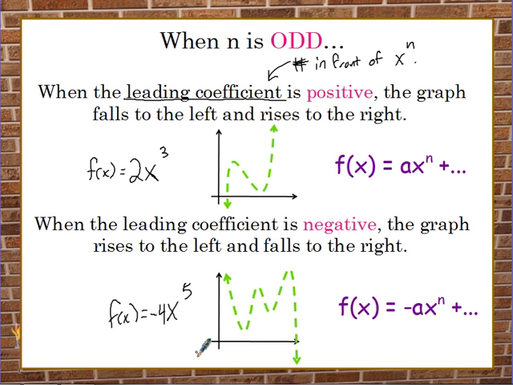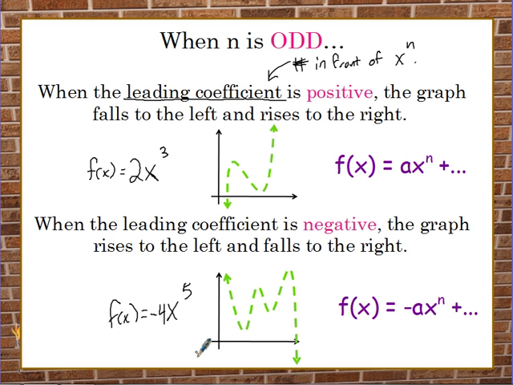If it's 3x to the fifth power, the left side is going down and the right side is going up. Simple as that. If I told you it's negative 5x to the seventh power, the left side is going up, the right side is going down. That's all I need you to get out of that so far. Does that make sense?